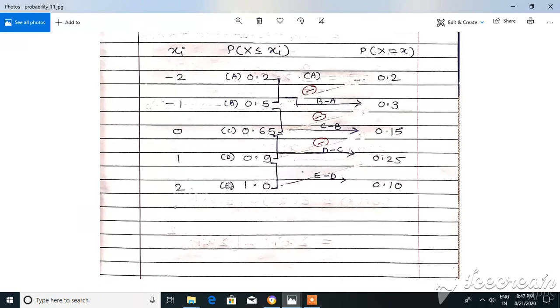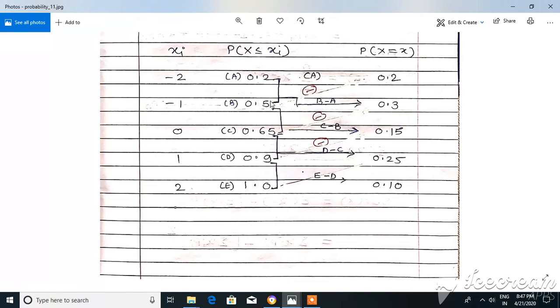Okay, so how do I find its PMF? The procedure is: if you have the x_i's and these cumulative probabilities, and you want to find the probability mass function, you write the first probability as it is. The second probability you consider as 0.5 minus 0.2, which gives me 0.3. I wrote the first value as A, second as B, third as C, fourth as D, and last as E. So 0.5 minus 0.2 equals 0.3.